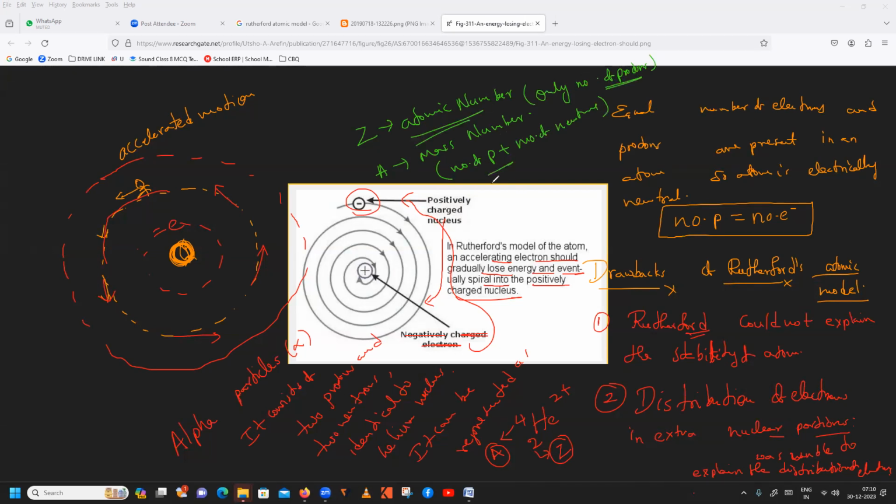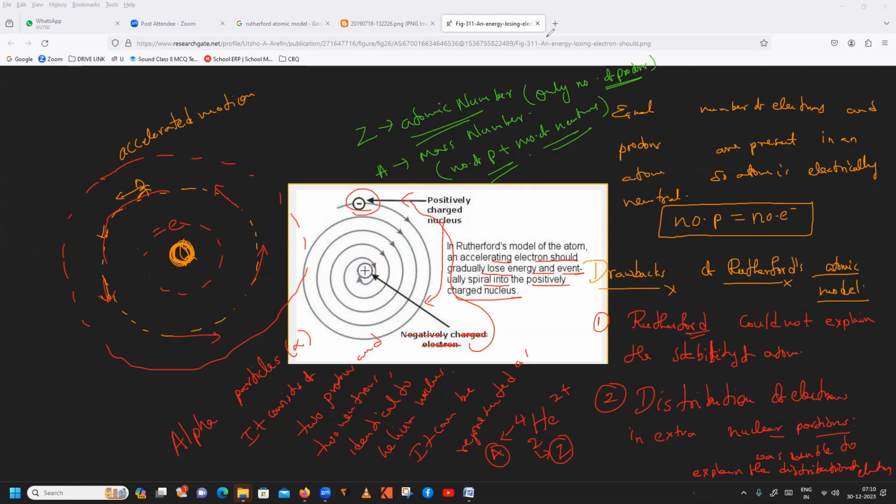Mass number means the number of protons plus the number of neutrons. Is it okay, guys? Everybody? Understand?